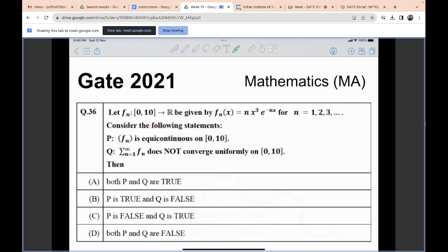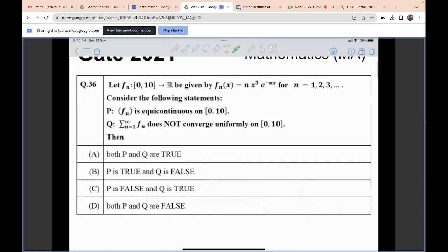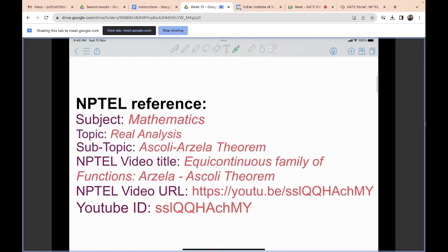And statement Q says that the summation n equals 1 to infinity of fn does not converge uniformly on 0 to 10. Then four options are given, and you have to check which one is correct. So this is the question. This is the NPTEL reference, which you can check.